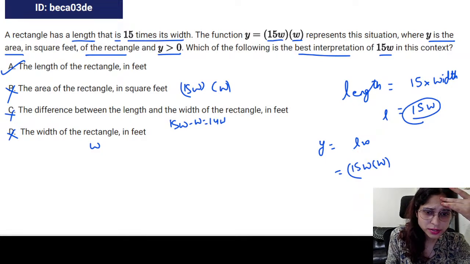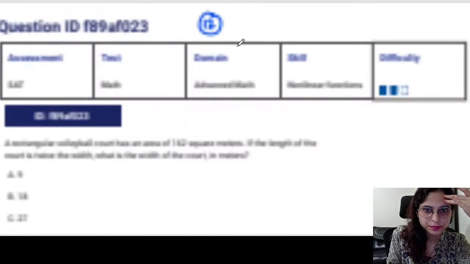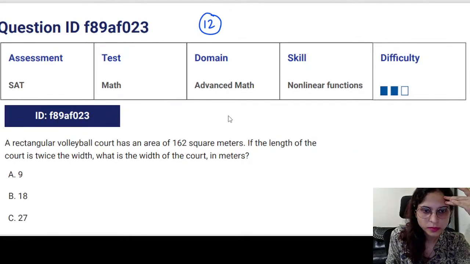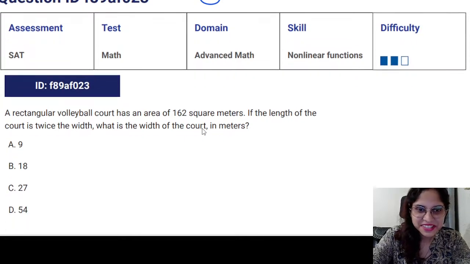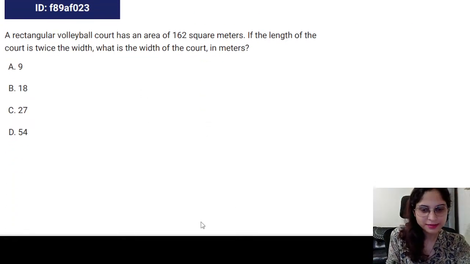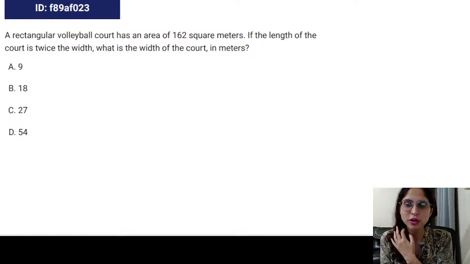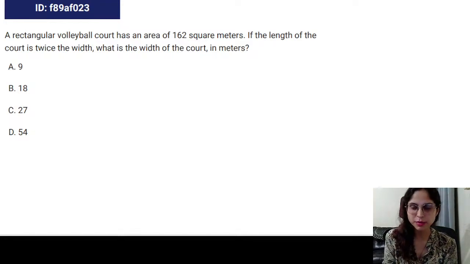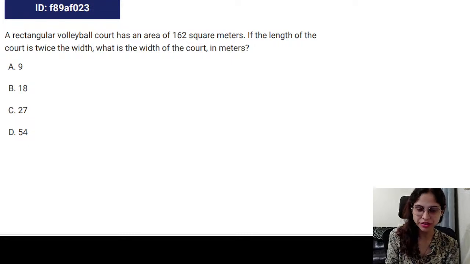Now the next question is question number 12. Again, this is your area word problem, area of a rectangle. There are lots of questions that are being asked in this particular topic in your digital SAT in quadratics.